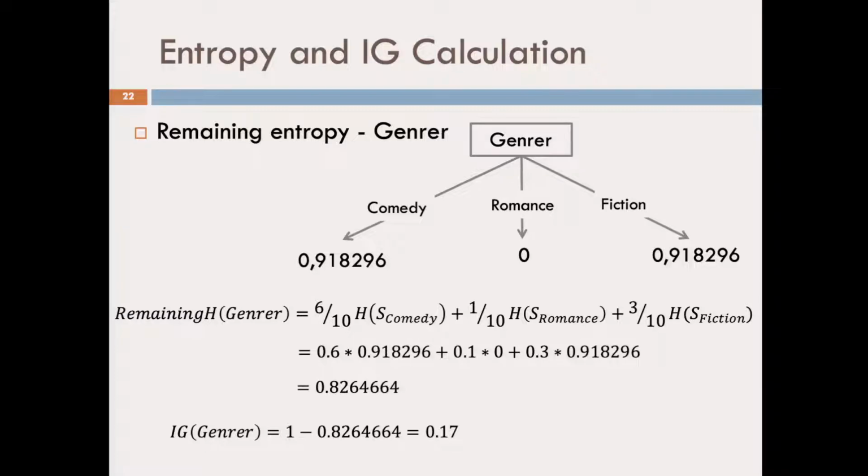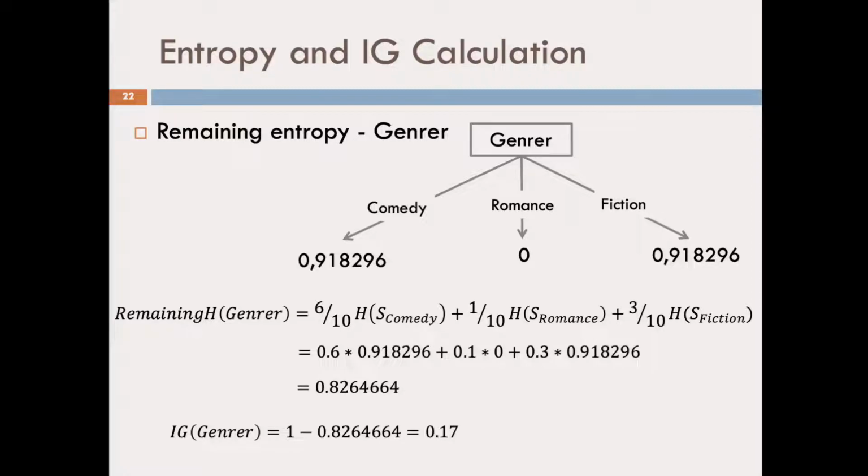So the entropy for genre, if we choose the value comedy, is 0.918296. For romance is 0, and for science fiction is 0.918296. Again, because we have 6 instances here, mixing positive and negative, we have 6 divided by 10 times the entropy of comedy, plus 1 divided by 10 times the entropy of romance, plus 3 divided by 10, because we have 3 instances here, times the entropy of fiction.